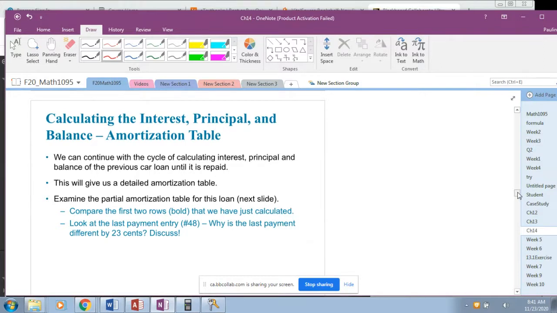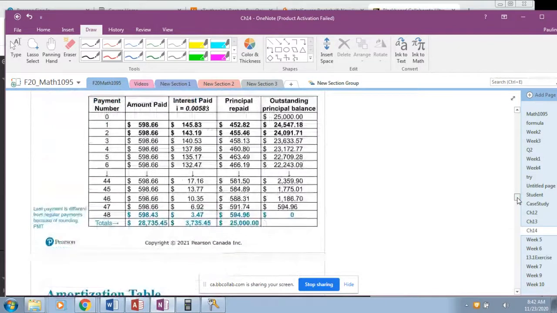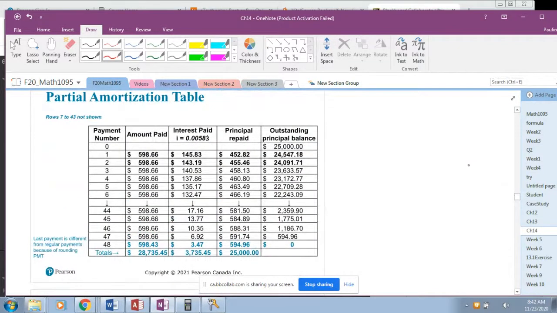Based on the example we just created, we can give you a detailed amortization table. A detailed amortization table specifies how much of the payment goes to principal, how much goes to interest, and what the outstanding loan is. We are going to give you this table, or you need to construct this table.